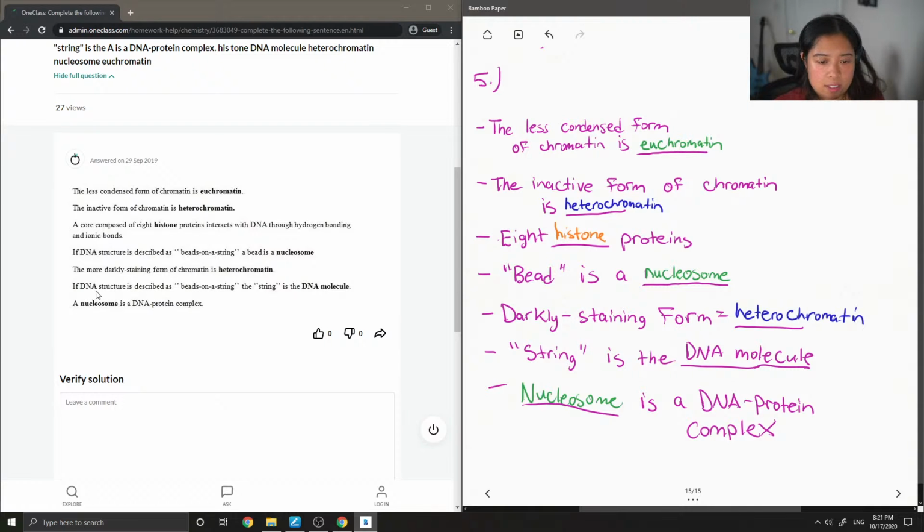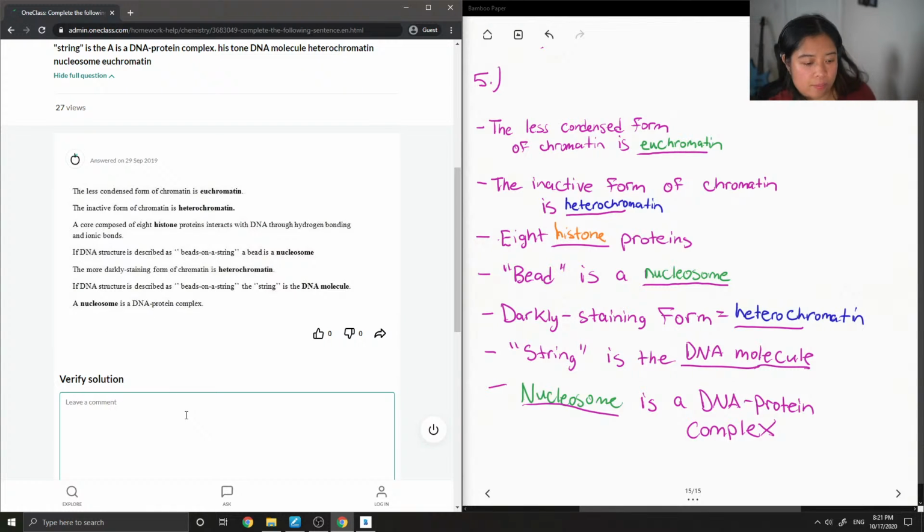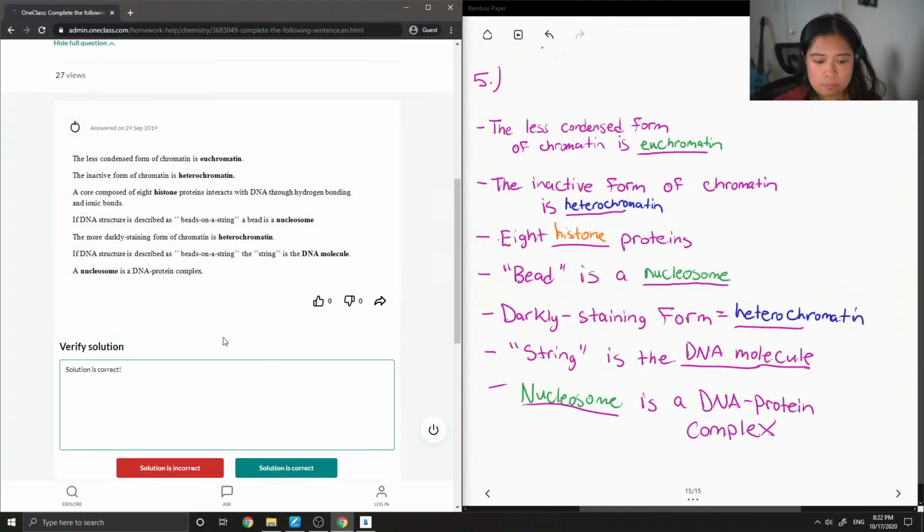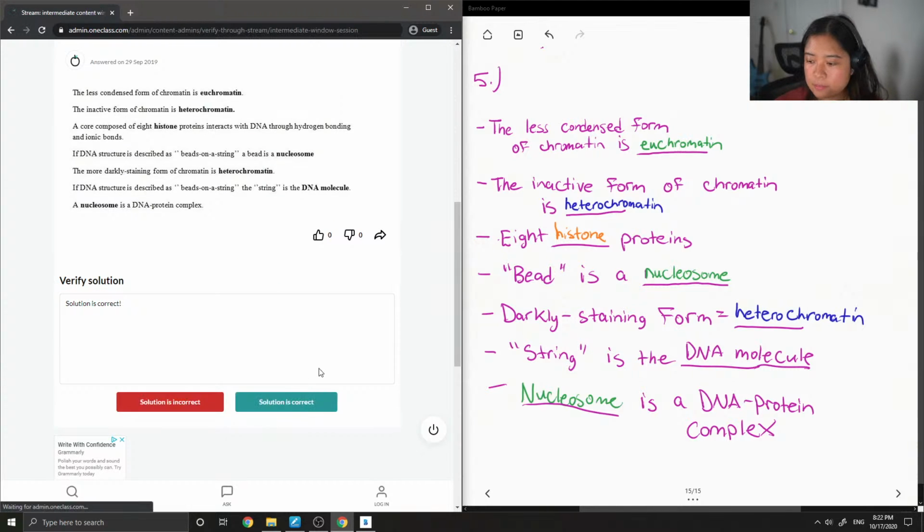And then if DNA structure is described as the beads on a string, the string is the DNA molecule. And then lastly, a nucleosome is a DNA protein complex. So this solution is correct. Okay, so well done.